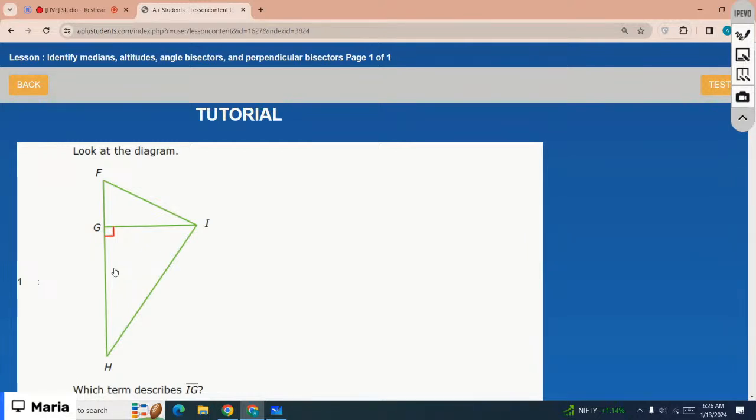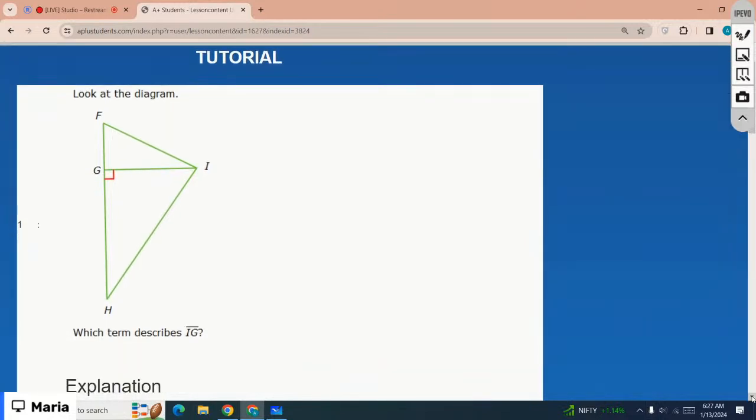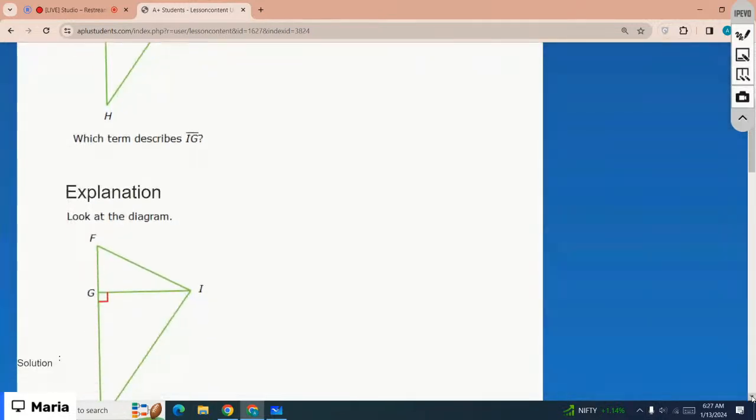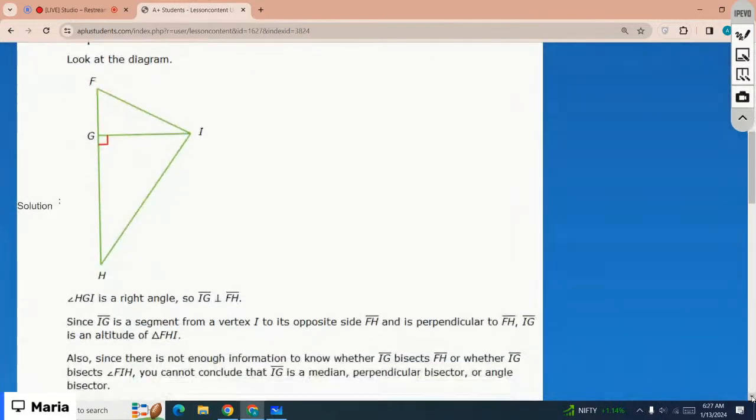Which term describes IG? So you have to see what IG is, right? Okay, angle AGI is a right angle, right? So that means IG is perpendicular to FH.